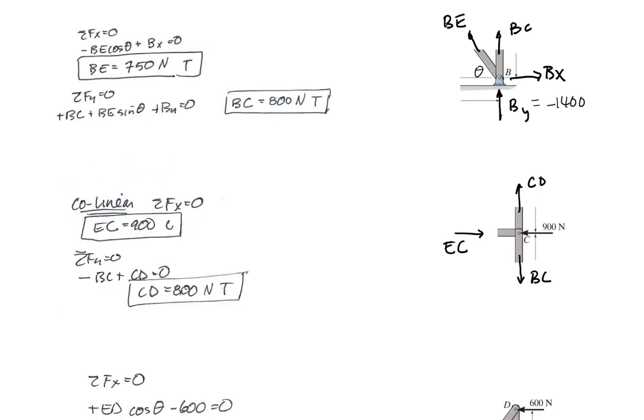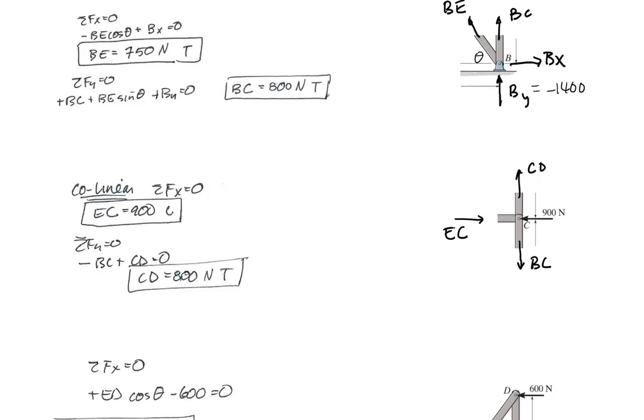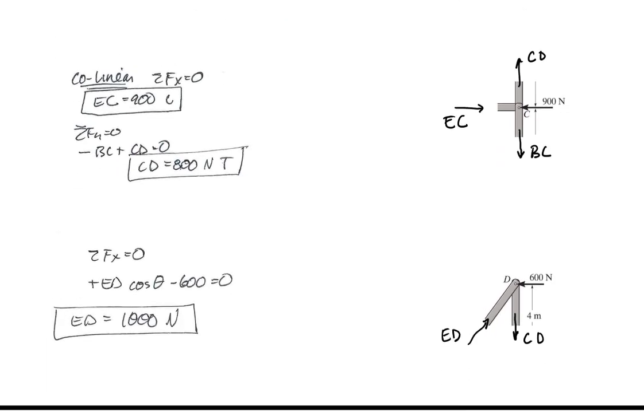They are collinear. You can solve them with sum of the forces in the x equals 0, or you can, by observation, know that that's the case. Again, if these are collinear, then these are collinear. And again, by observation, I know that CD is equal to BC. If BC is in tension, CD is in tension. I can also know that these are in the y direction, but I can see that CD is equal to 800 in tension.